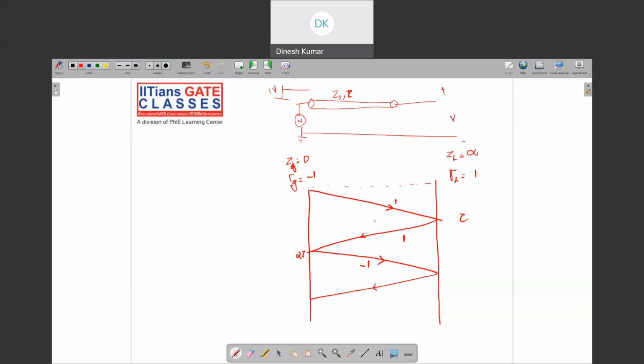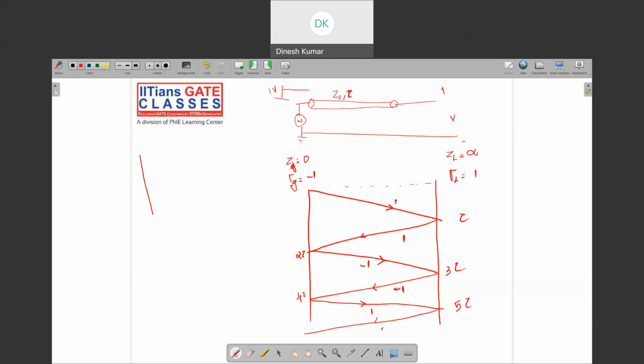This is 1 and this is -1, so this will be -1 coming here. The reflection coefficient is 1, so this will again be -1. Now it will come here. What is the reflection coefficient here? That is -1, so it will be -1 times -1 plus 1. Here, 1 tau, 2 tau, 3 tau, 4 tau, 5 tau. We can draw up to 5 tau at this particular voltage.